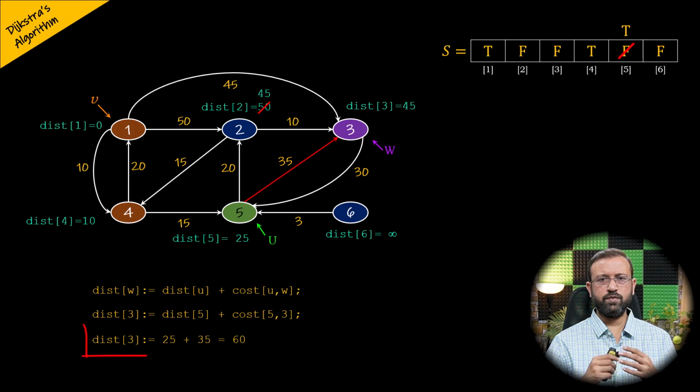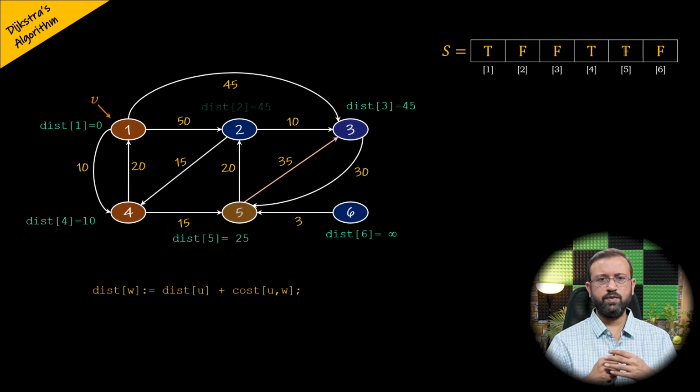So the distance of vertex 3 will be 25 plus 35, which is 60. Now the new distance of vertex 3 is 60, which is not smaller than the previous distance of vertex 3, which is 45. So we do not update the distance of vertex 3 since the previous distance 45 is smaller than the new distance 60, and node relaxation is not done for vertex 3. Then there are no other vertices adjacent to vertex 5. So we move to the next step.